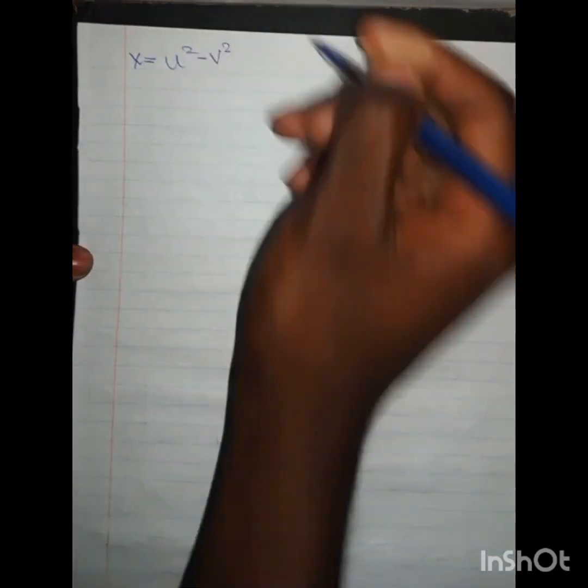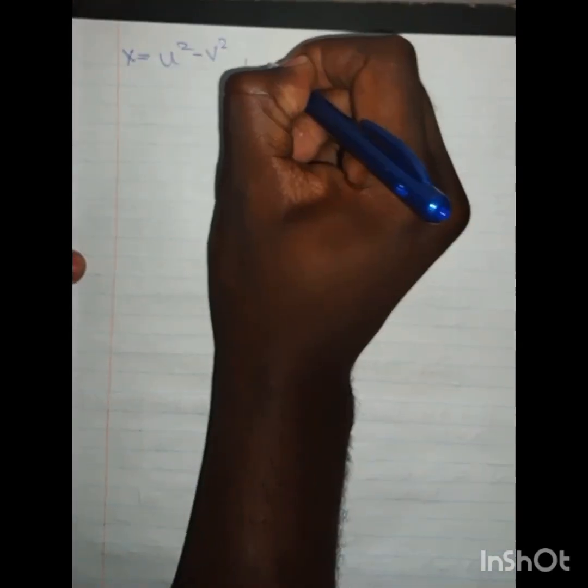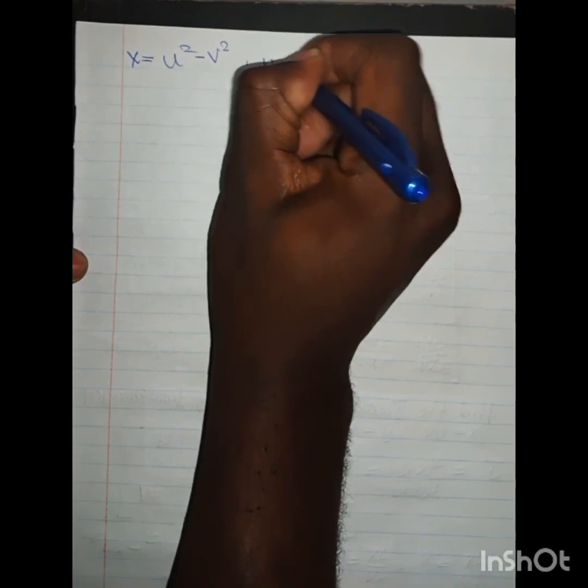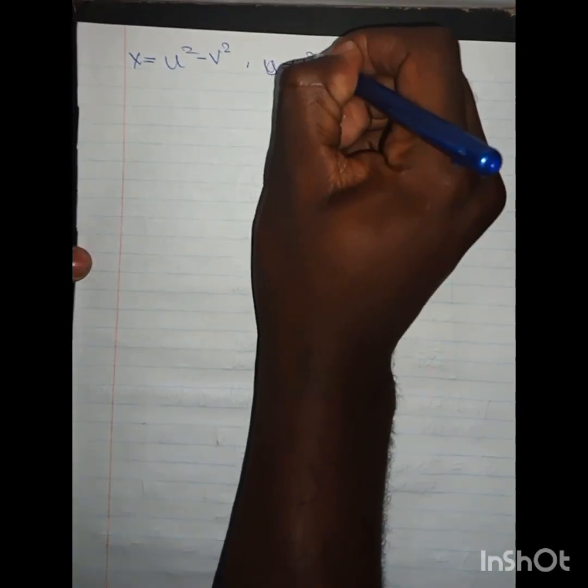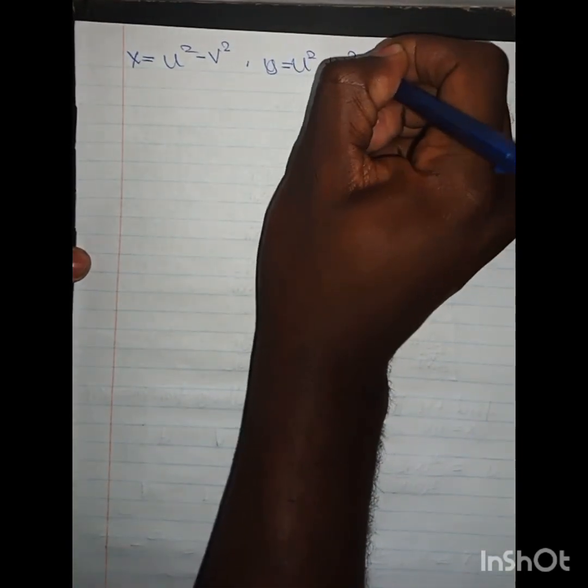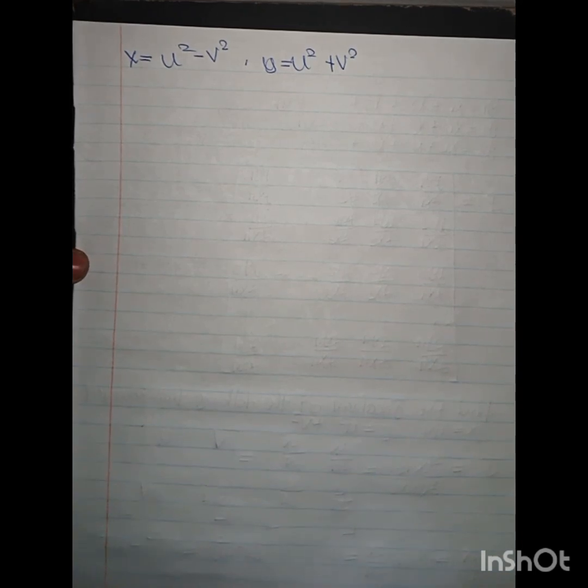We can also look at another example for the sake of practice. So let me say now we want to find the Jacobian of the following transformation, where we are given x as u squared minus v squared and y is nothing but u squared plus v squared.